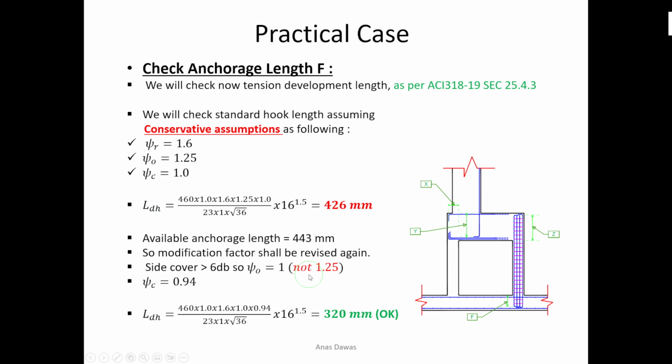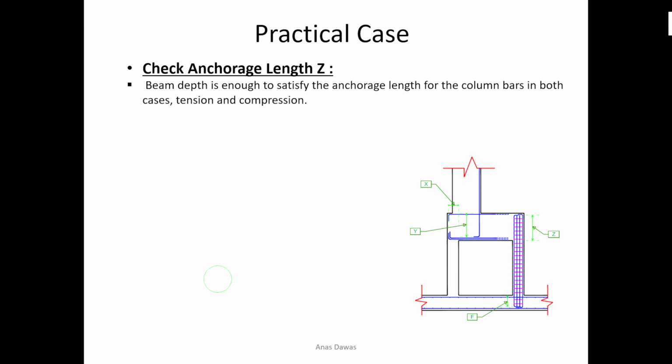The concrete factor can also be 0.94, because in our case the fc' is equal to 36 megapascal, so the LDH is equal to 320 millimeter. For most cases, in the first trial I assume the most conservative solution. After that, I come back to revise the modification factors.